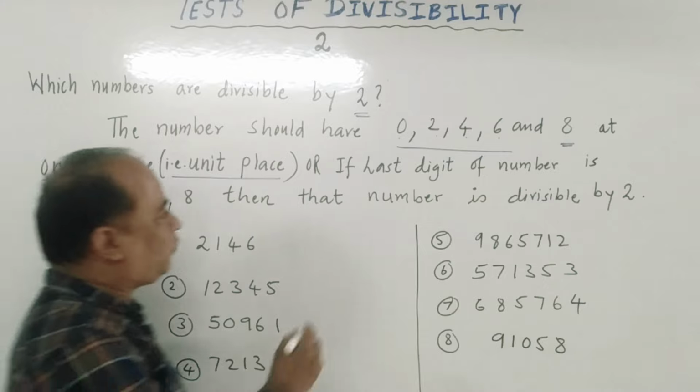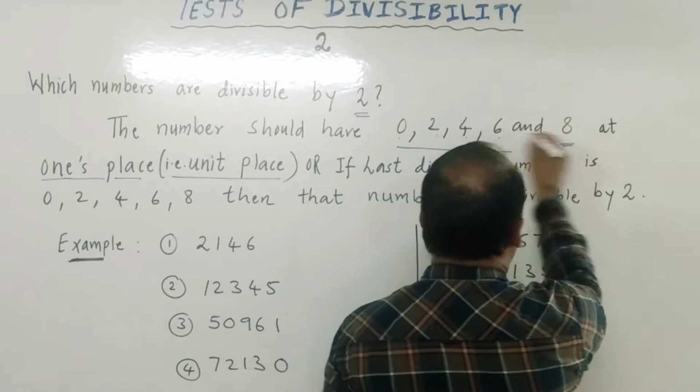Now these 0, 2, 4, 6, 8 are the even digits.